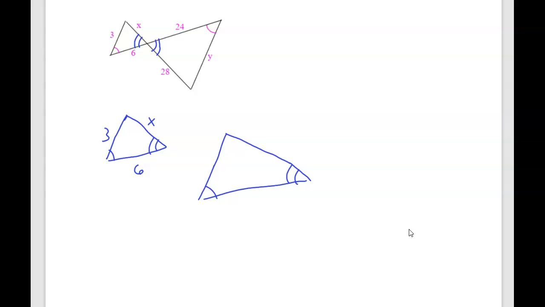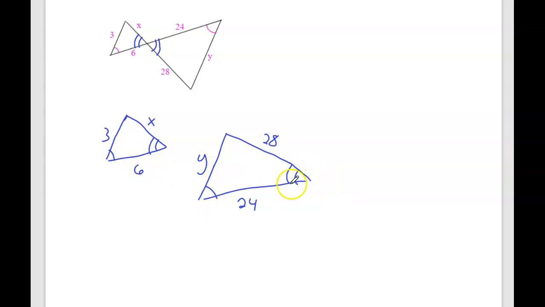And then looking here, from the 2 to the 1 is 24. From the 1 to the nothing is my Y. And from the 2 to the nothing is my 28. So this way I can see that the Y and the 3 correspond to each other. The X and the 28 correspond to each other.